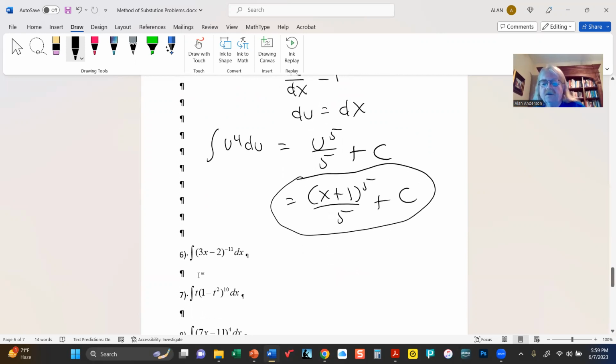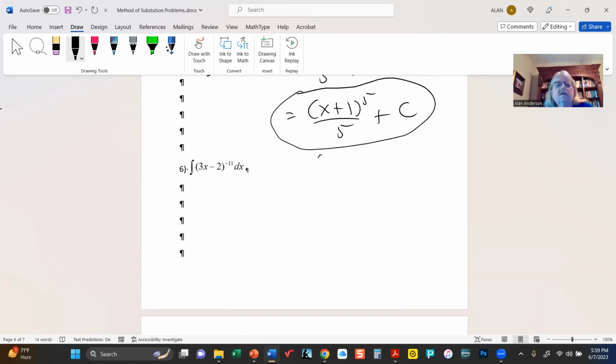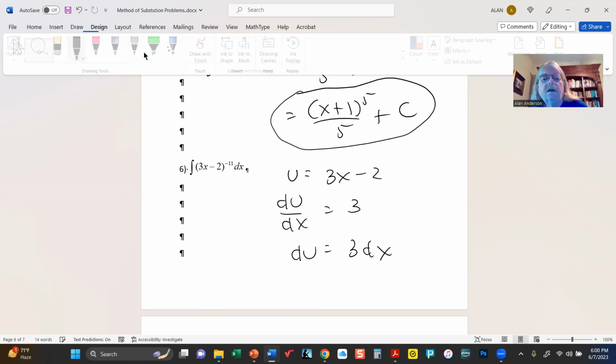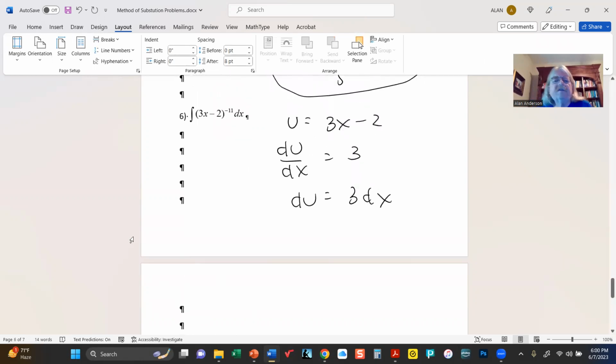Now, this next one also looks like a very straightforward one. We'll let u be 3x minus 2. Okay, so again, we don't actually have that. We need to provide that 3 for the dx. So I'll do exactly that.